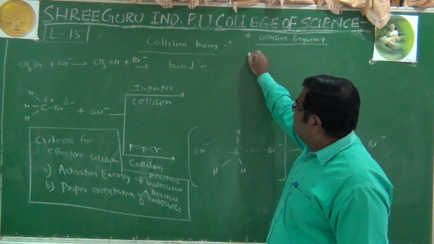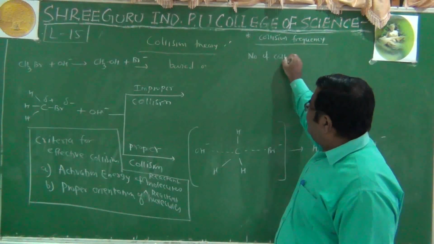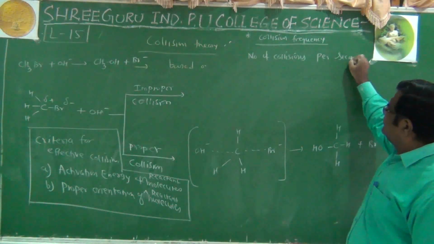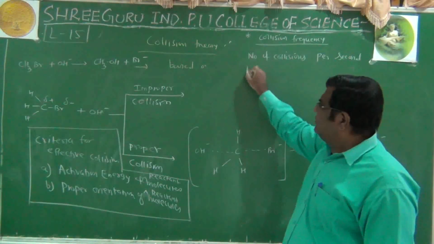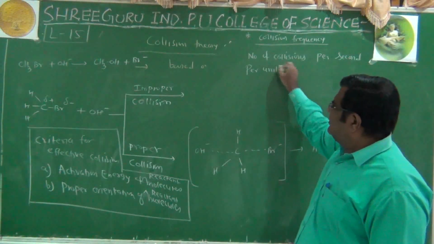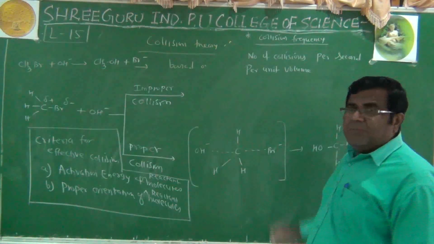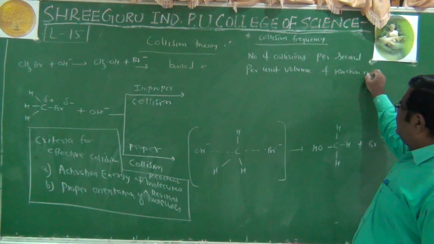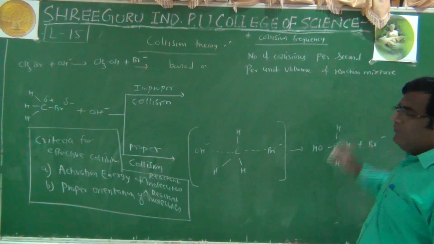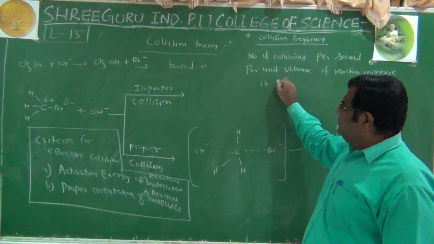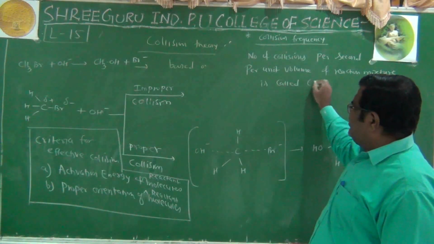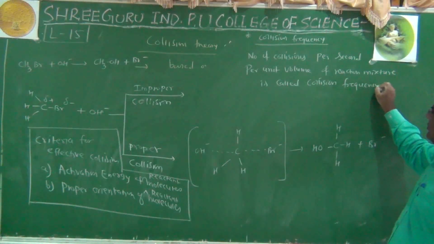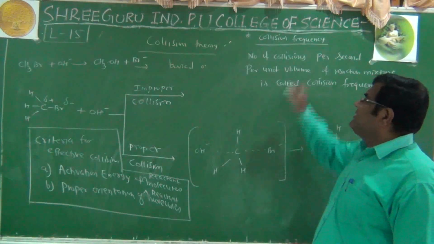So we can say the number of collisions per second per unit volume of reaction mixture is called collision frequency.